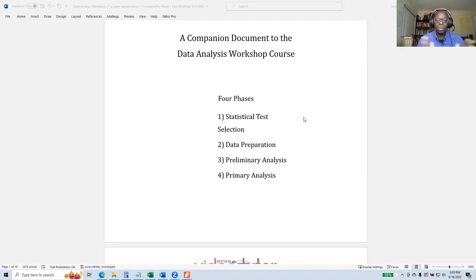So I'm going to teach you how to check the assumptions of your statistical test. And that's going to take a couple of days. And then the remaining couple of days are going to be performing the actual statistical tests, understanding how to run them, how to interpret them, and basically what you need to do in order to report your results.